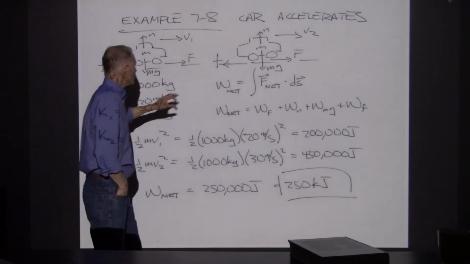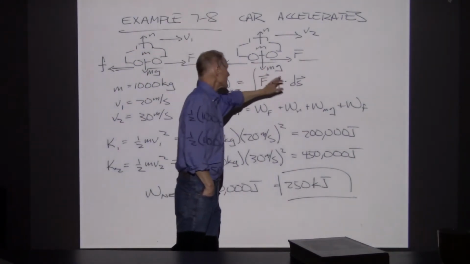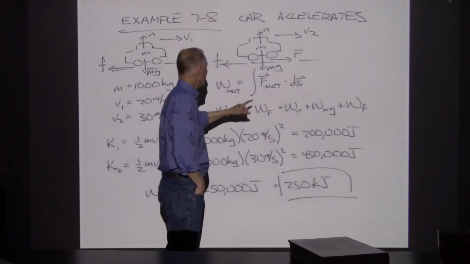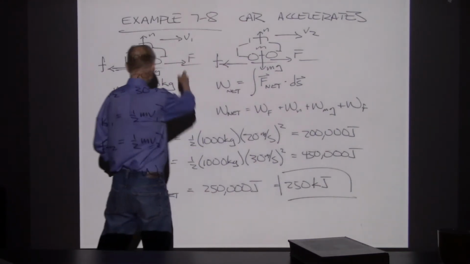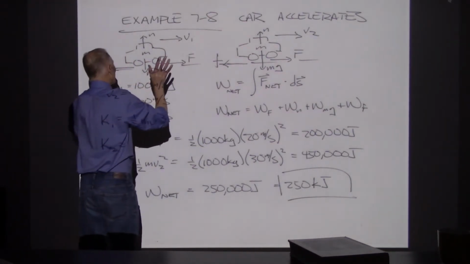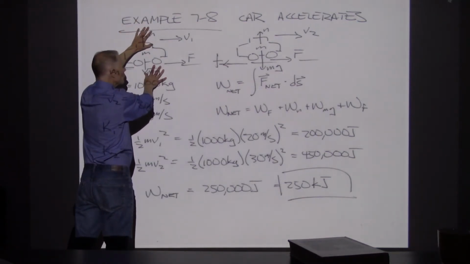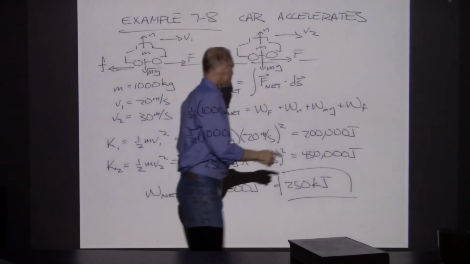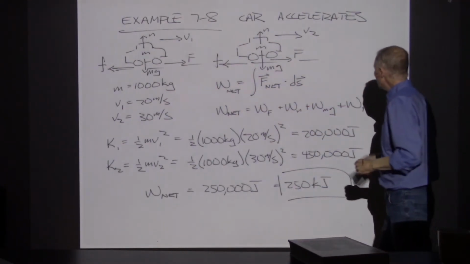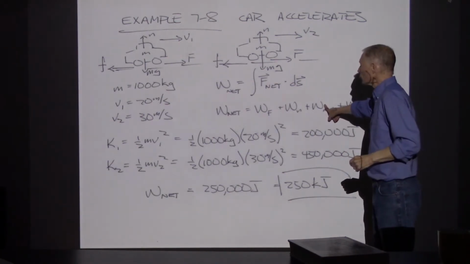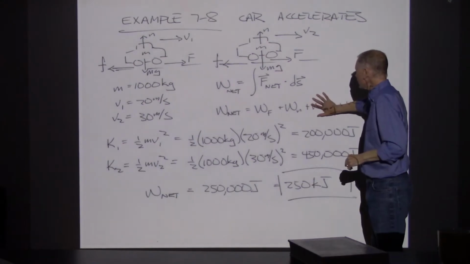So what we could do is this. We could come back to our definition of work. We could write it as a dot product here. We have to think in terms of the net work being done. That would be combining all of these. Now we've already kind of ruled out gravity. That's not going to contribute. We ruled out the normal force. That's not going to contribute. If we were on an incline, then we could have gravity also playing a role. But for this example, normal force won't contribute, gravity won't contribute.